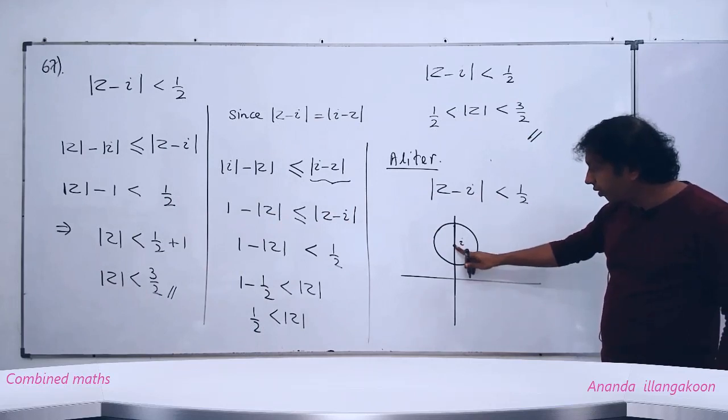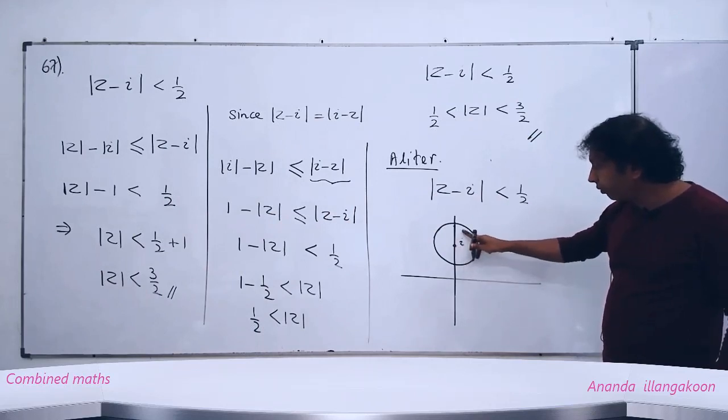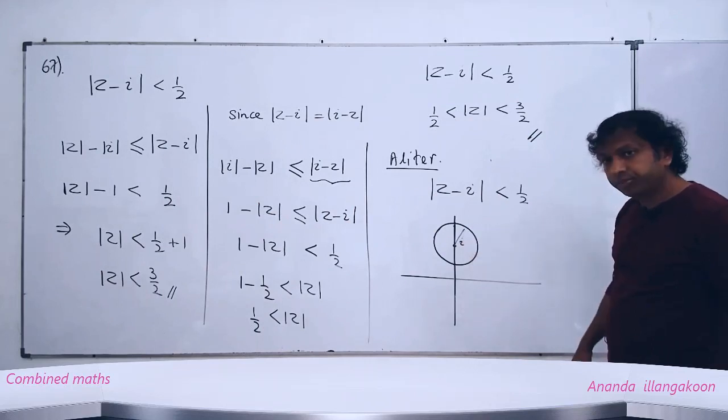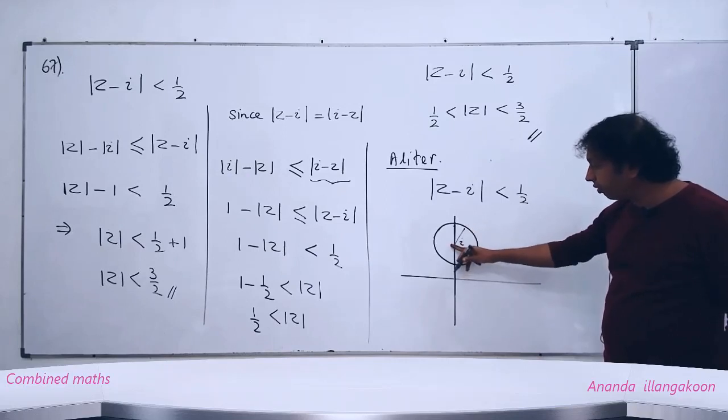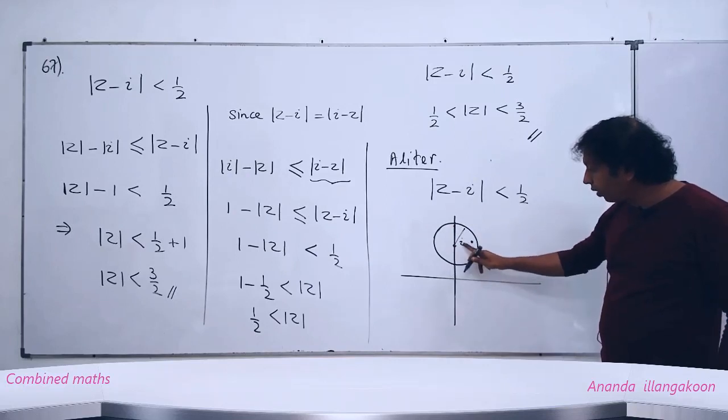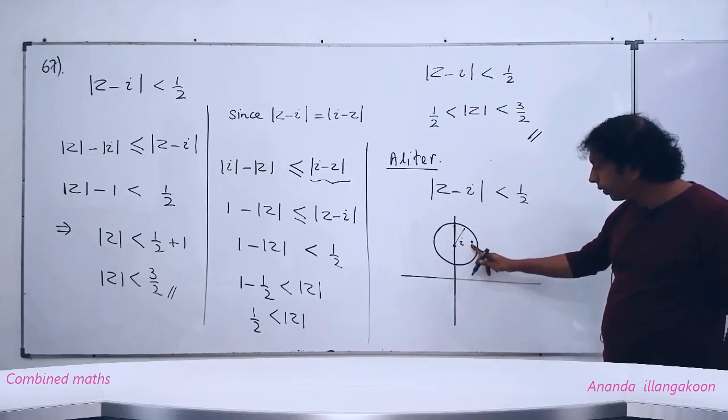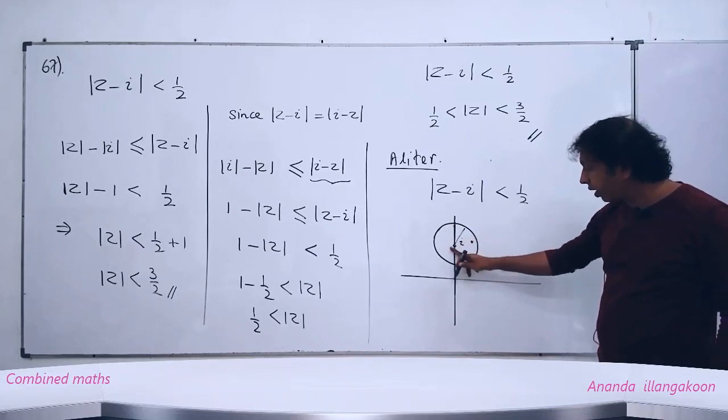From here, when we draw a line like this, suppose here is z, z minus i means this length, |z minus i| means this length. Correct, no? Somewhere here consider a complex number z. Then from here to here we draw a line. Then this length going to be what, people? |z minus i|.